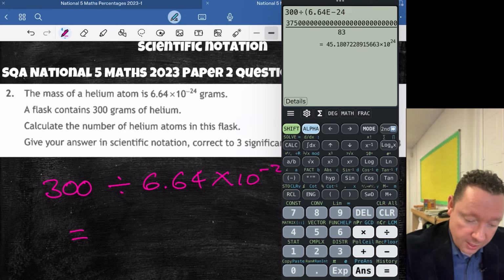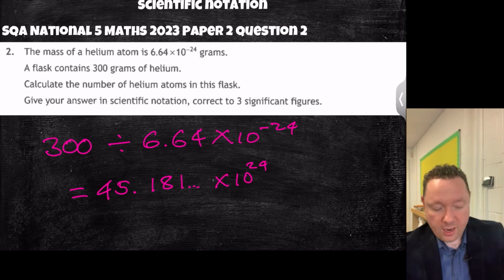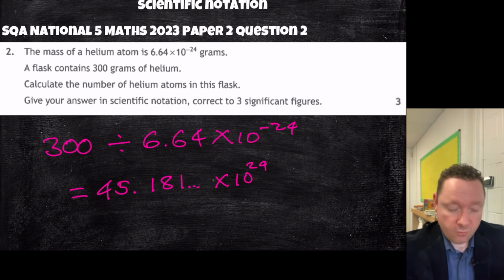So if I've done that right, I can close my brackets. I get an answer which is 45.181, and there's a bunch of other numbers, but I've rounded it there, times 10 to the 24. So I know that there's 45.181 times 10 to the 24.